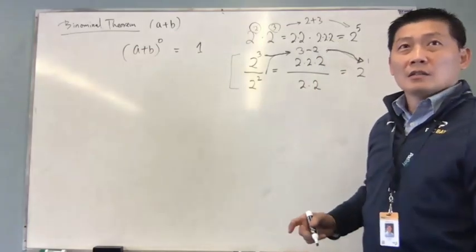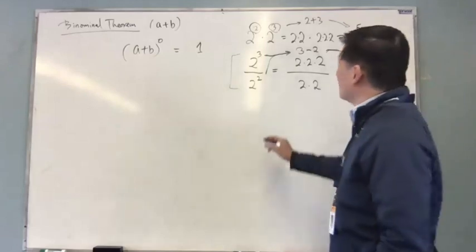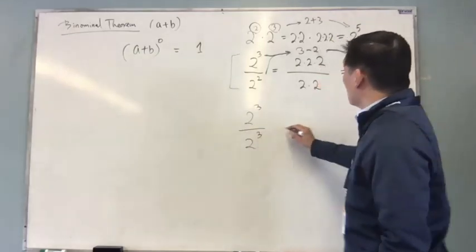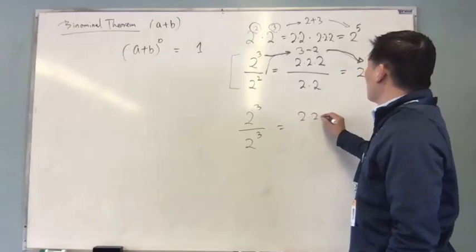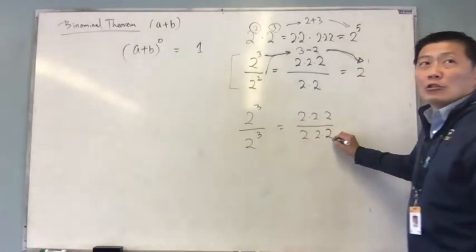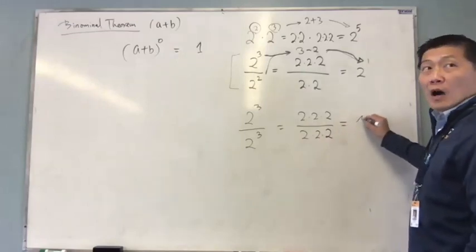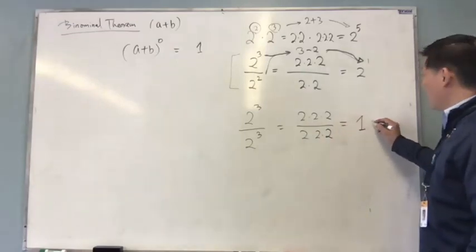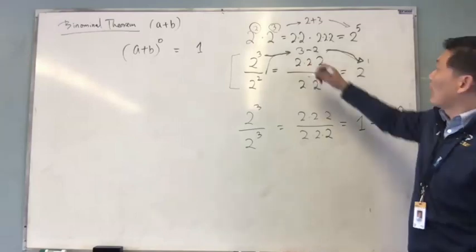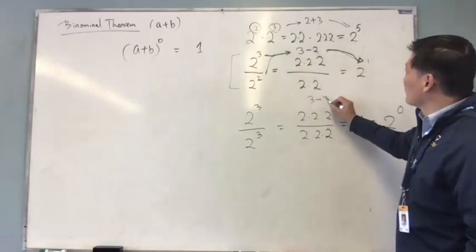Right? So think of it this way. When you have 2 to the 3rd power divided by 2 to the 3rd power, you get 2 times 2 times 2 over 2 times 2 times 2, which gives you 1. But it's actually 2 to the 0 power, because if we follow this pattern, this has to be 3 minus 3.